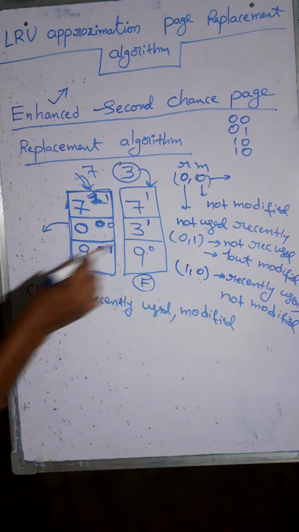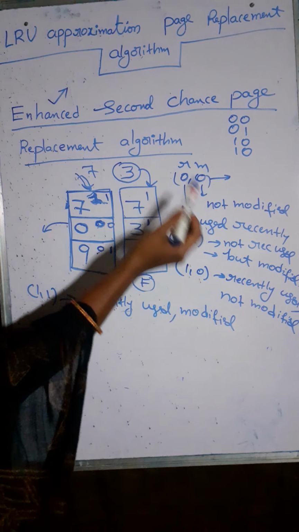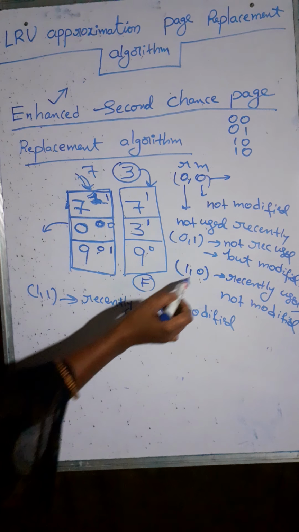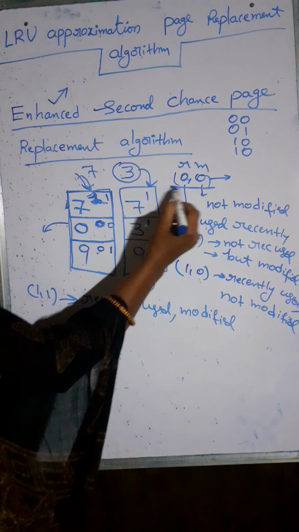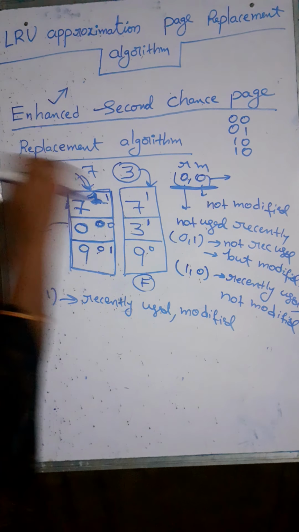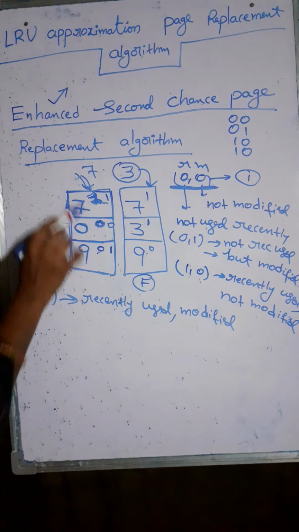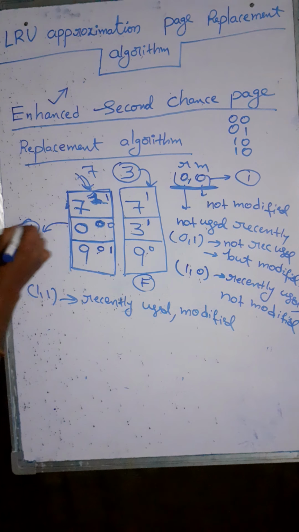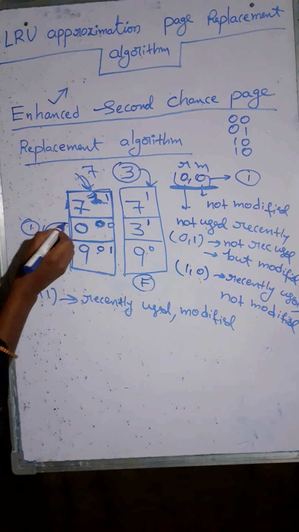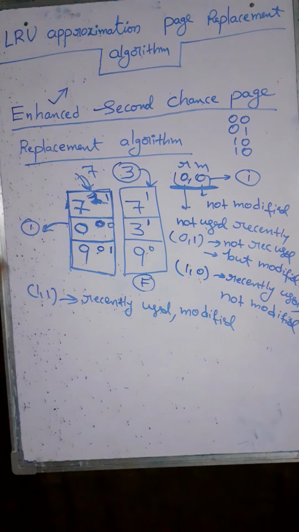While choosing the page, we should give preference to the pages in this order only. A page which has the reference bit, modify bit pair as 0, 0, we should give first preference to that frame. So among these three we will give first preference to this one. We should deallocate the memory space of this one first.